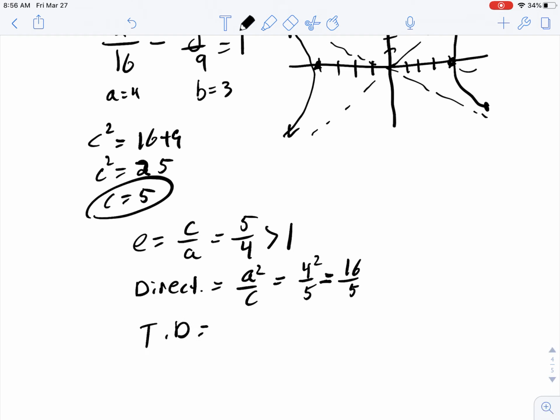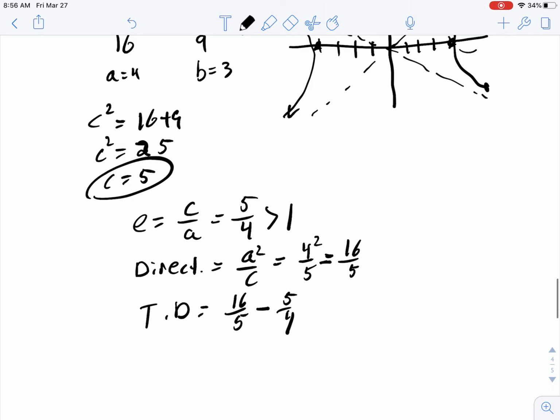My total distance here would be 16/5 minus 5/4. Plug that in your calculator, you should get 39/20.